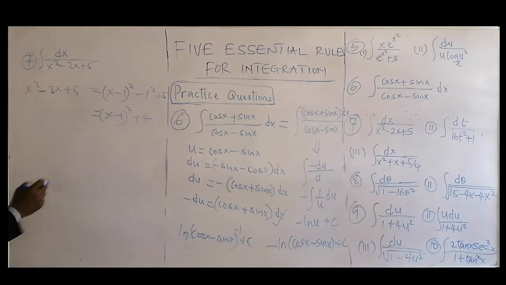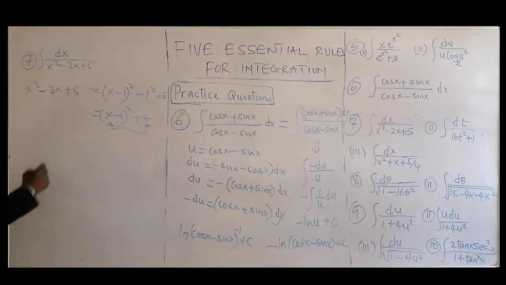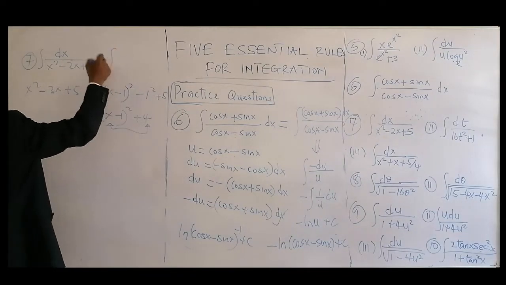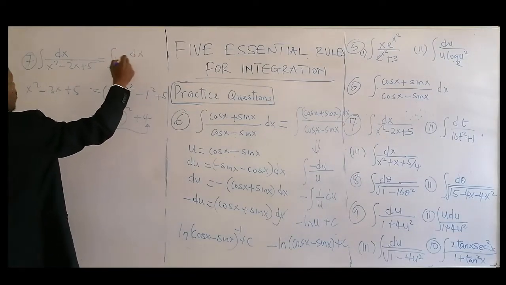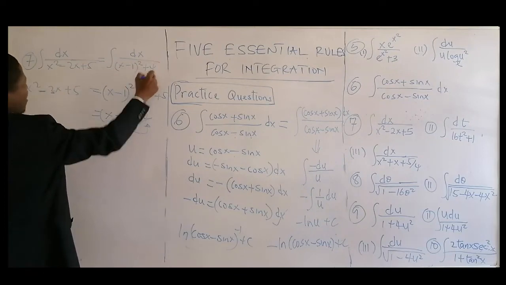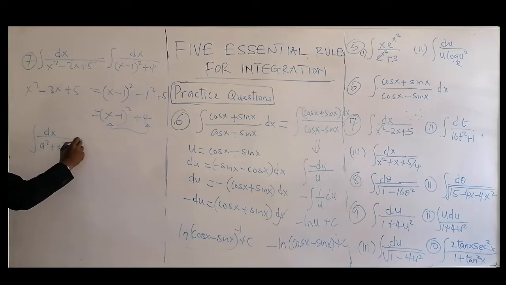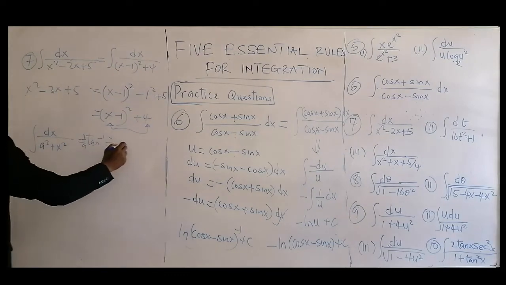So we have expressed it as a sum of squares. So this will now become the integral of dx all over x minus 1 squared plus 4. And don't forget our standard table, our rules, that say that for a squared plus x squared, the integral is 1 over a arctan of x over a, plus c.